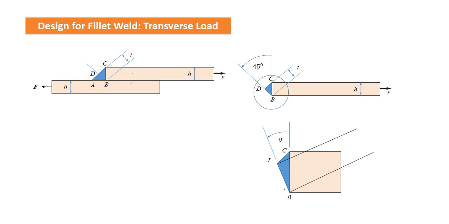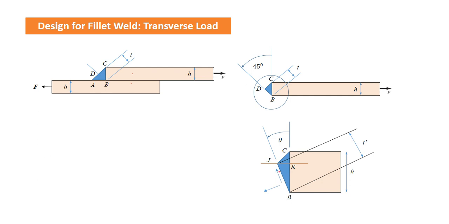Then this distance BJ, here BD is T, the minimum distance, and this will be more than this, so let us say it is T dash, this no doubt H. If we connect this, this point K is obtained.